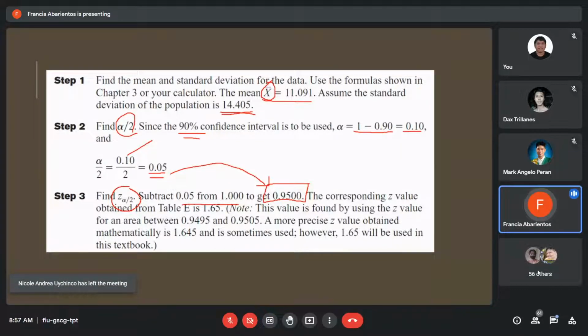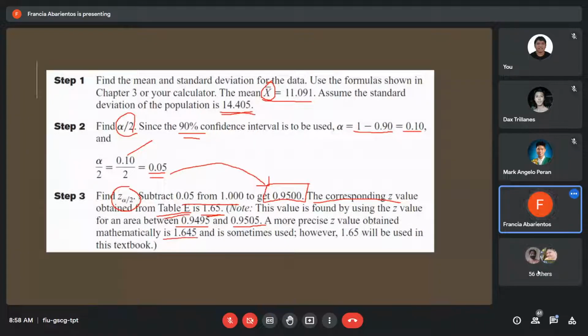So, pupunta tayo doon, the corresponding z value, ayan, using the 7th edition beta class table E, makukuha natin is 1.65. Ayan. 1.65. Take note that this value is found by using the z value for an area between 0.9495 and 0.9505. Okay. A more precise z value obtained mathematically is 1.645.